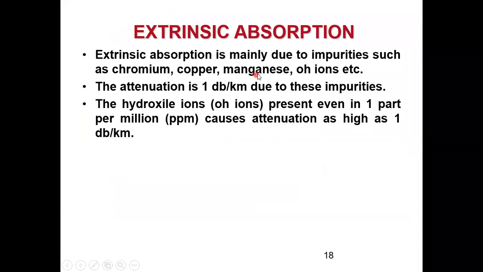So the extrinsic absorption is mainly due to the impurities present, and you know the names now. If such impurities are present, the attenuation is around 1 dB per kilometer, which is a big amount of loss. Look, the first loss due to absorption, the loss due to atomic defect, was not so significant. But in extrinsic absorption, if these impurities are present, the attenuation is quite high, and we cannot have 1 dB per kilometer attenuation due to the impurities.